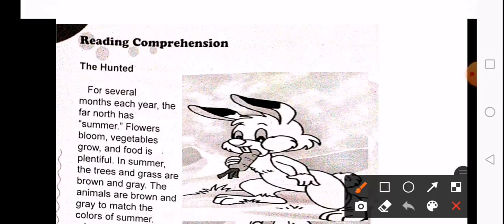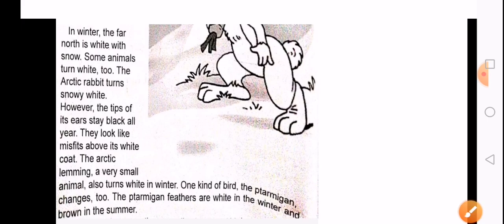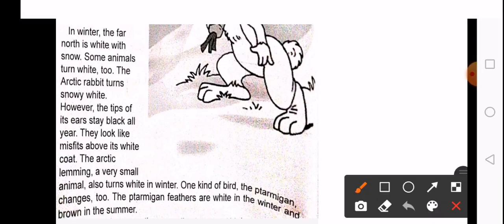As you see here, these are the tips of his ears. It's black, but his body is white like the surrounding. They look like misfits. What is the meaning of misfits? It doesn't fit above its white coat.